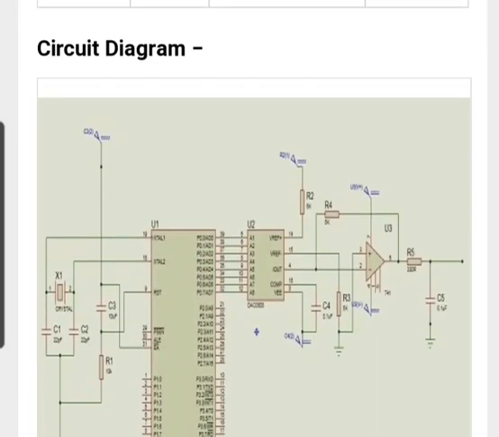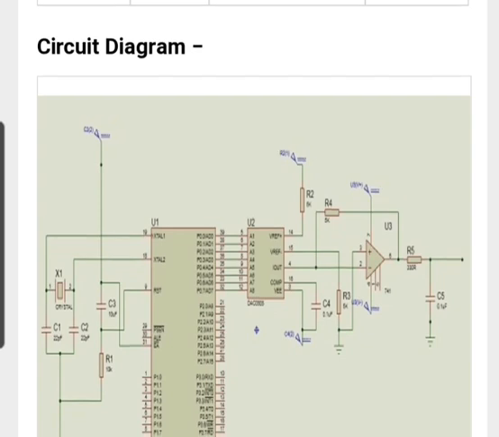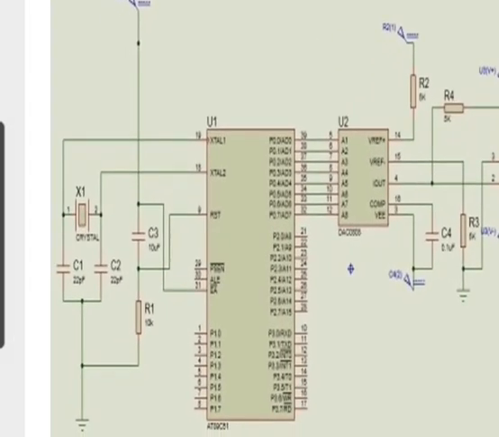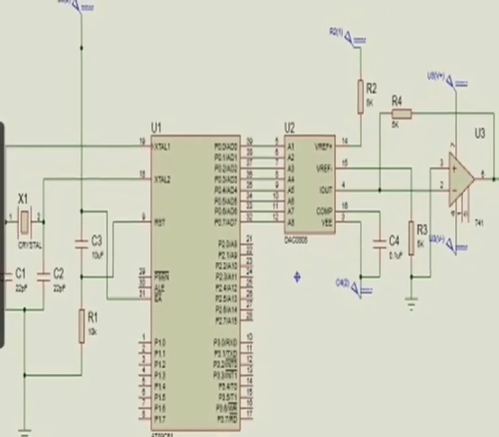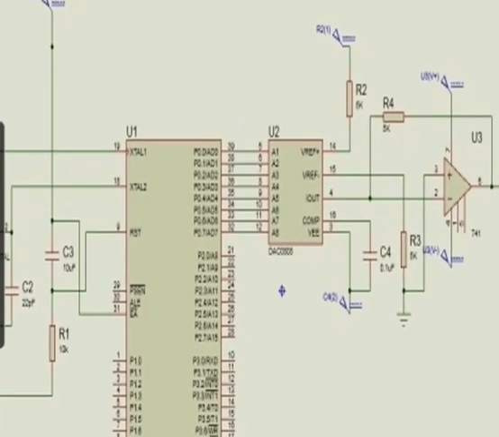Now this is the circuit diagram for the interfacing of DAC with 8051. The crystal oscillator is shown here, and the op-amp is also given here. The port pins are connected between the 8051 and the DAC.